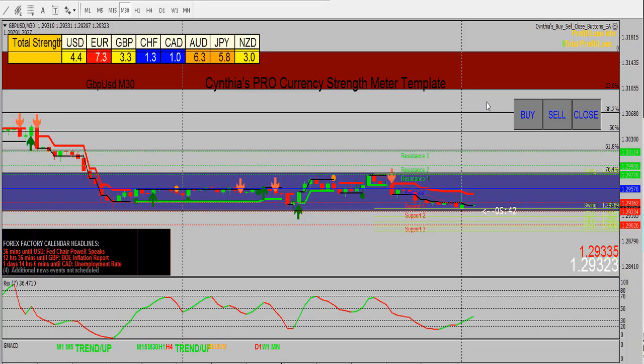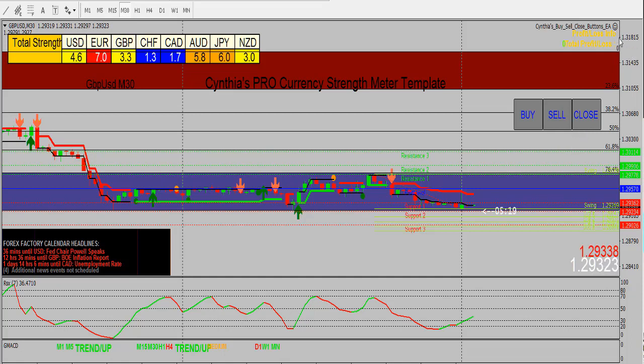And the risk to reward ratio is 1 to 2. So your reward is always going to be double what your risk is. And you can of course adjust the lines up and down on your chart to suit yourself. And if you click sell, it'll place your sell trade with one click. And if you click close, it'll close that trade.